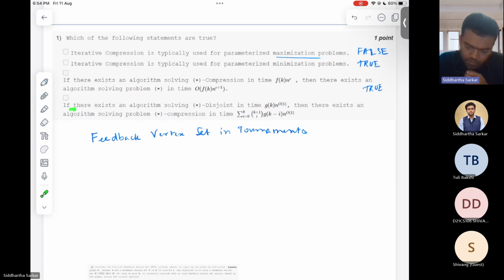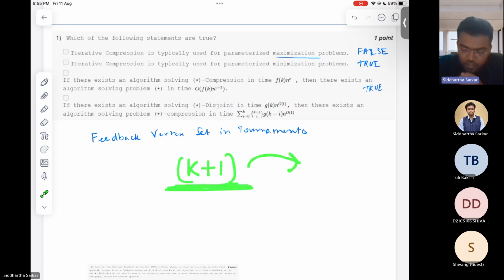The next one says that if there is an algorithm solving some problem in the disjoint setup, so if you look at the video, then you will know what it means. In iterative compression, sometimes we're interested in finding a solution which is disjoint from the solution that is given to us. Generally we are given a solution of size slightly more than our target. Our target is k, and we're given a solution of size k plus 1.